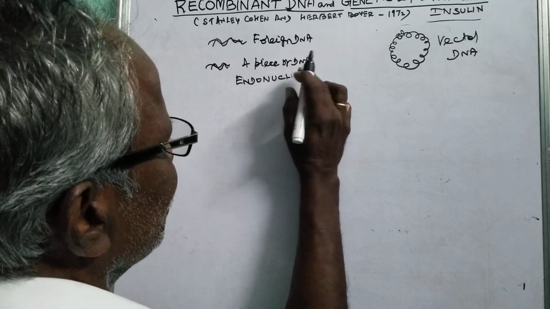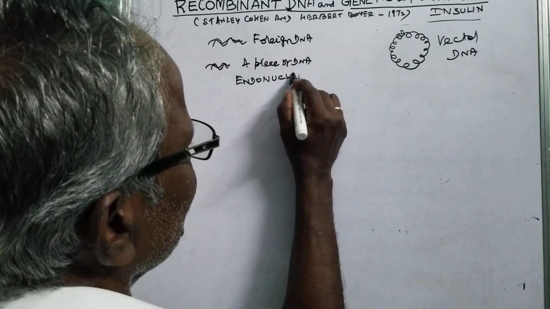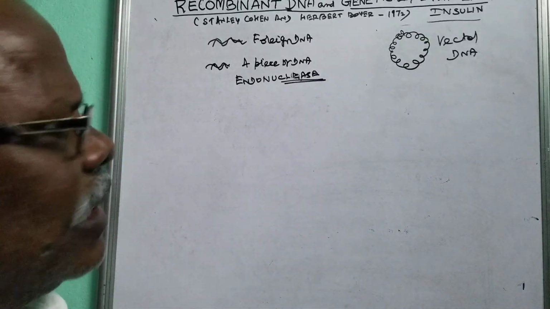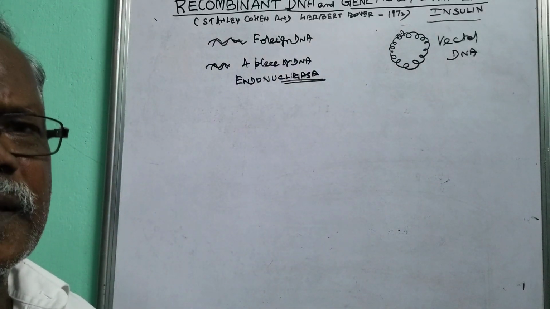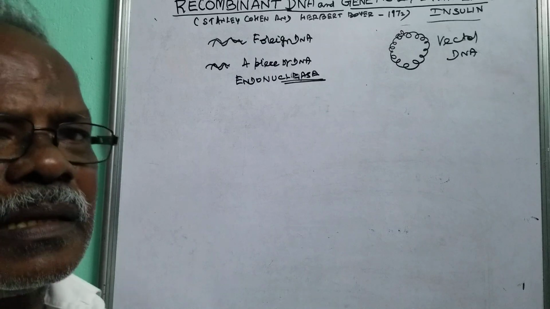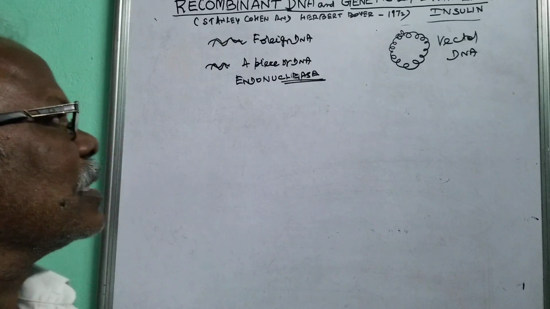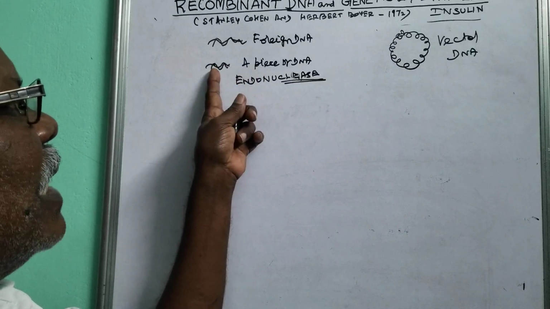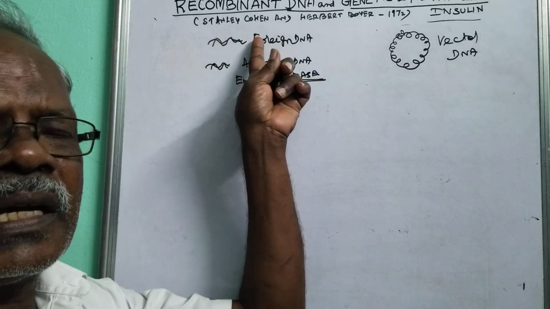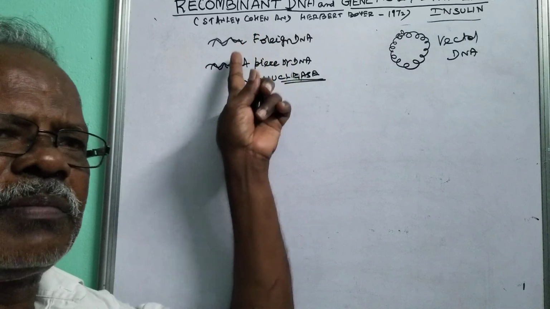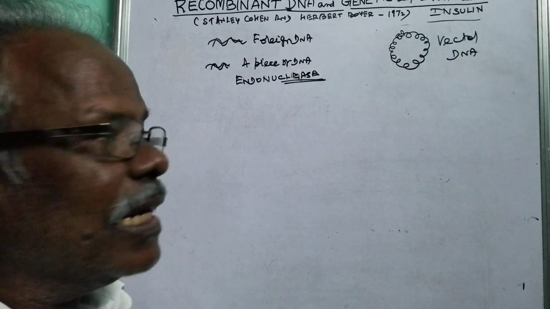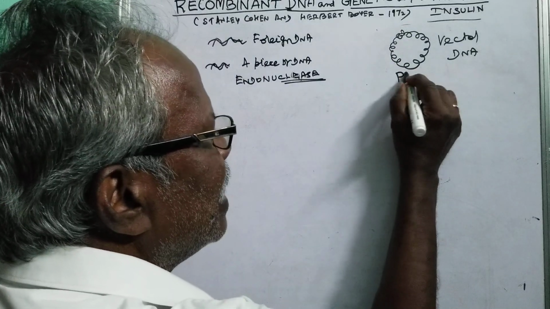These are enzymes, usually ligase, nuclease, DNA polymerase. So with the help of endonuclease, we cut a small piece of insulin DNA, foreign DNA taken from the human being. And here the vector DNA is plasmid DNA.